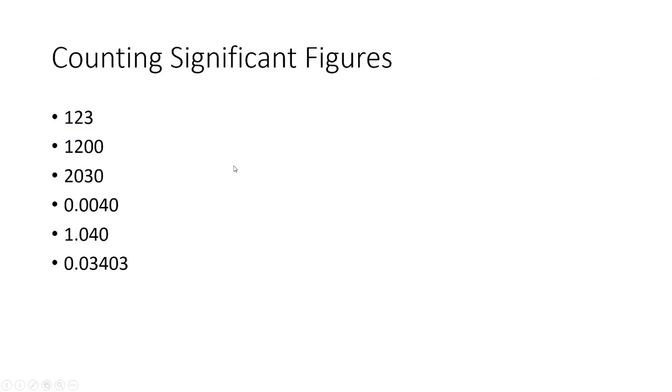So what if there is a decimal place? We'll take an example like this first one here, 0.0040. What we need to do is locate the first non-zero number. Every 0 to the right of the first non-zero number is significant. So our first non-zero number here is 4. Every 0 to the right of 4 is significant.